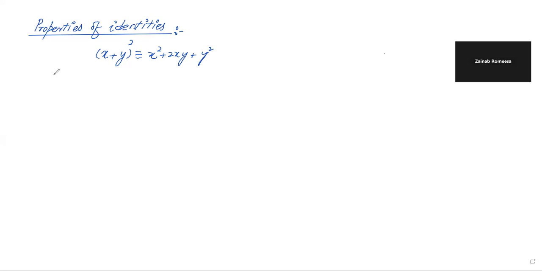Similarly, suppose we replace x by 1 and y by 2 over here. I just want to check whether my answer is correct or not.